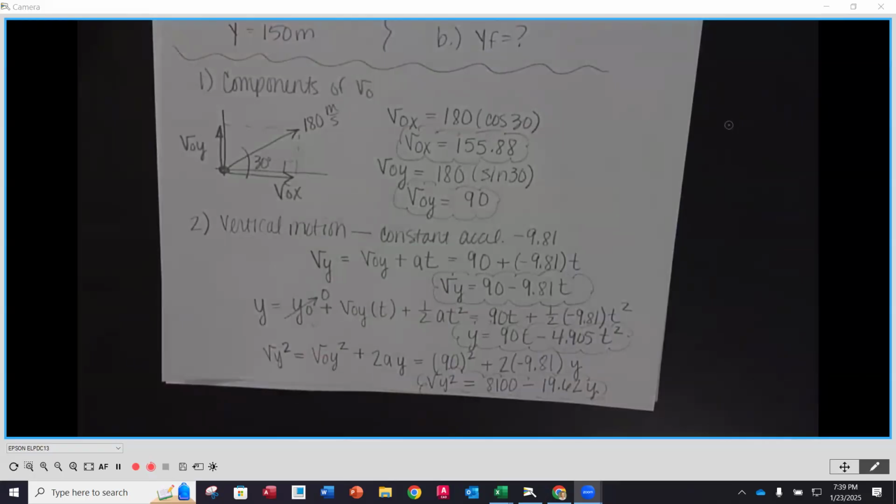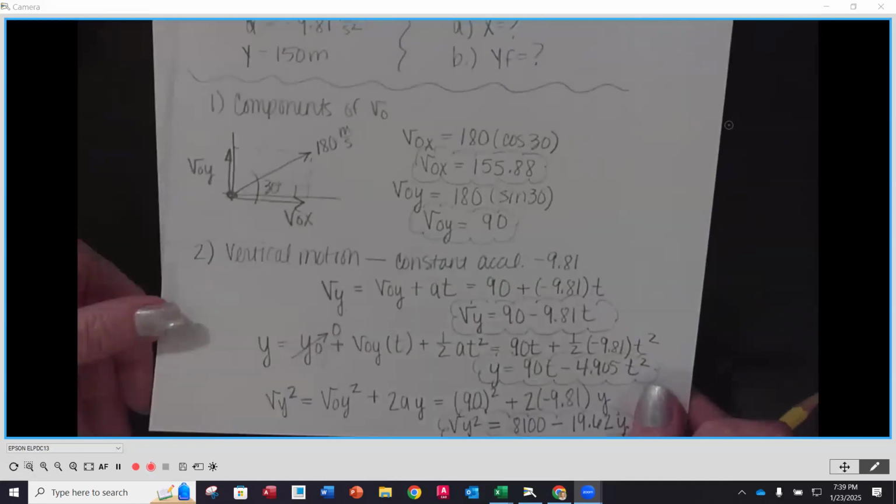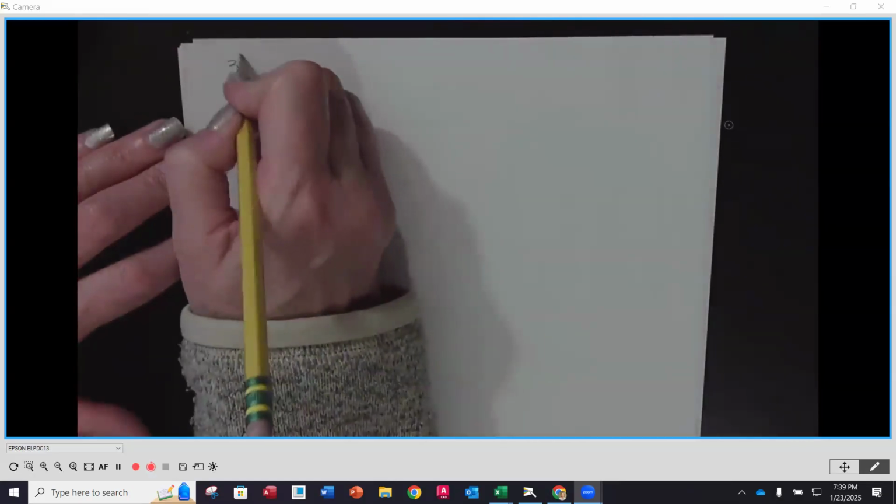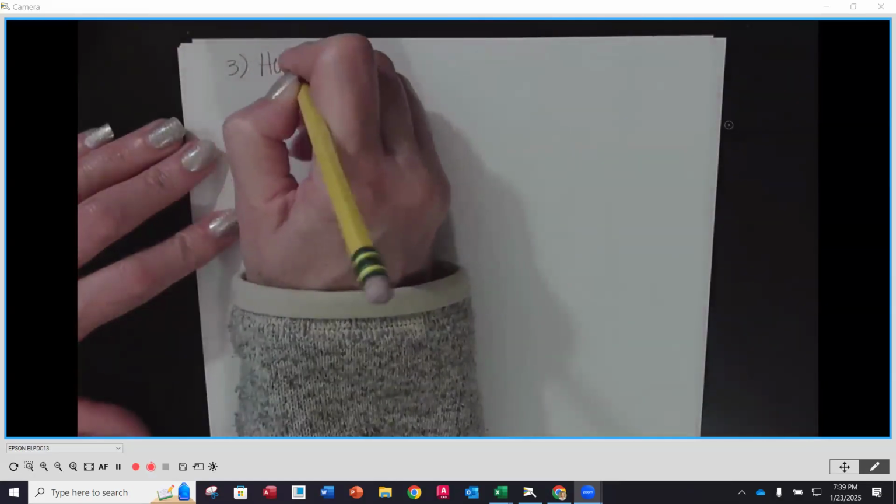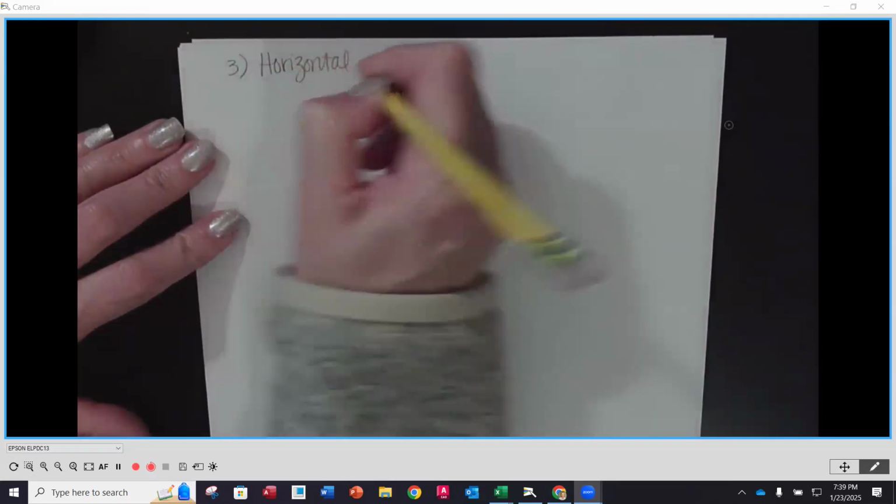Now we're going to start looking at the horizontal motion. So we took care of our vertical. Now we're going to look at our horizontal. So step 3 is going to be horizontal motion.